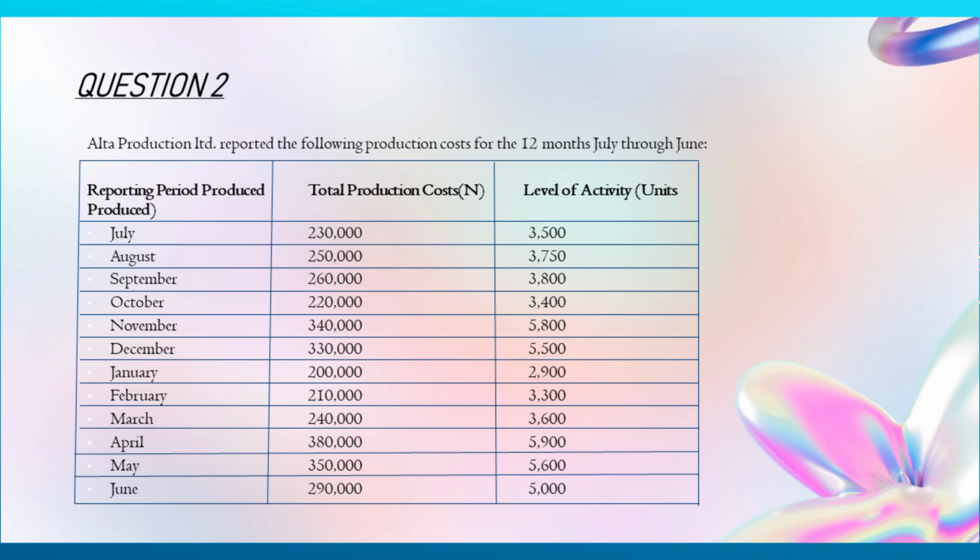The highest activity level from this data set is April, that has 5,900 units with 380,000 naira worth of production cost.